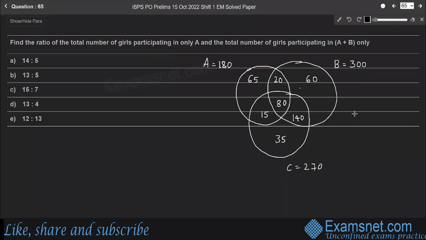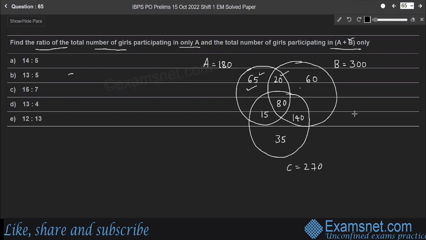Question 65. Find the ratio of the total number of girls participating in only A and the total number of girls participating in A plus B only. So, only A girls are 65, and girls participated in both A and B are 20 girls. So, we need to find the ratio of 65 and 20.